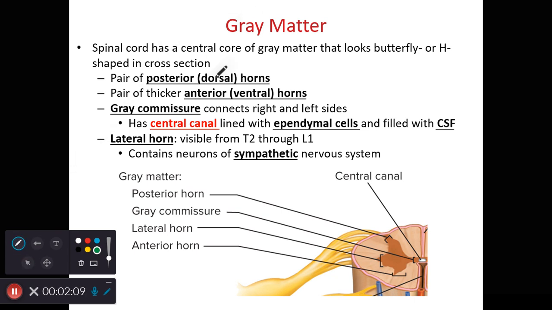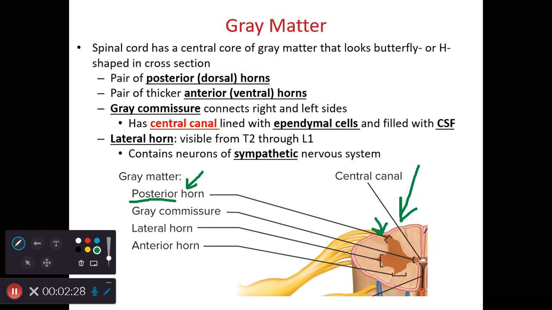Now, as we're looking at gray matter within our spinal cord, the gray matter can be broken up into a couple regions. We're going to be focusing on one half of the butterfly down here. So first we have the posterior horn, and I'm a big fan of the posterior horn and that terminology because it's towards the back.